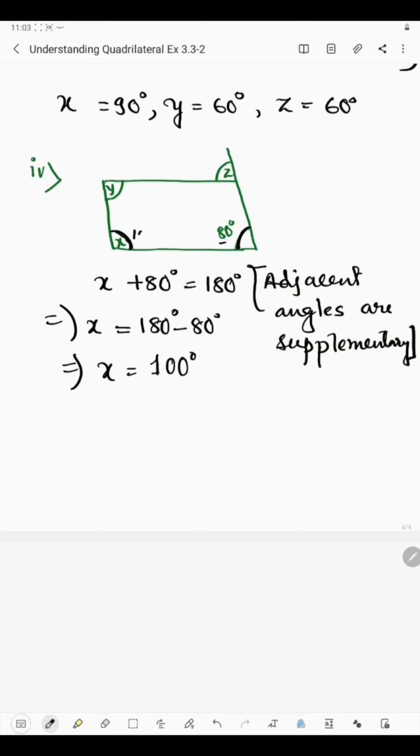So the value of x we have got. Okay. Now see here, angle y and angle 80 degree are opposite angles. So as opposite angles are equal in a parallelogram, the value of y will be 80 degree. So y is equal to 80 degree as opposite angles are equal.